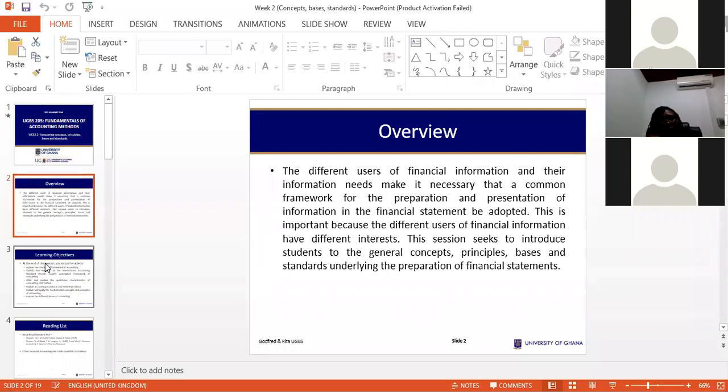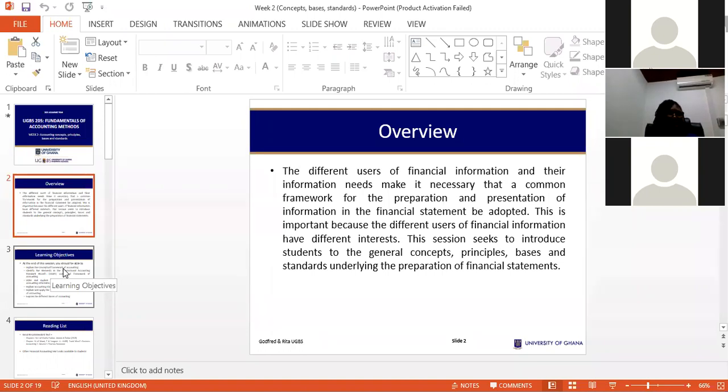In accounting, we also have a common framework that sets out the basic guidelines of what we do. And as accountants, we fall on this framework for preparing and presenting the financial information for all the different users.